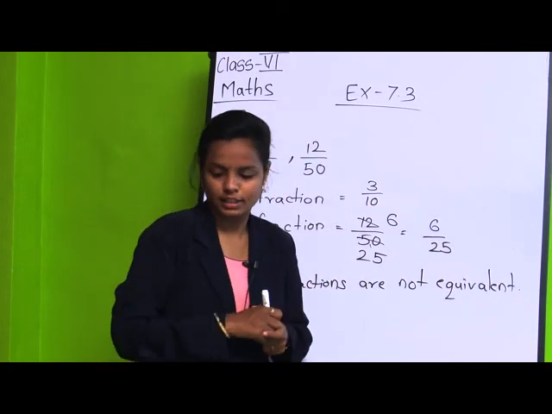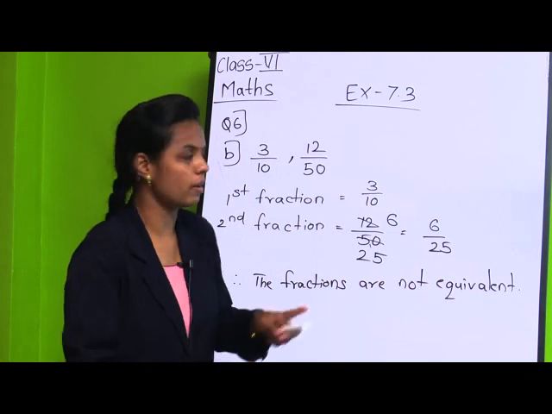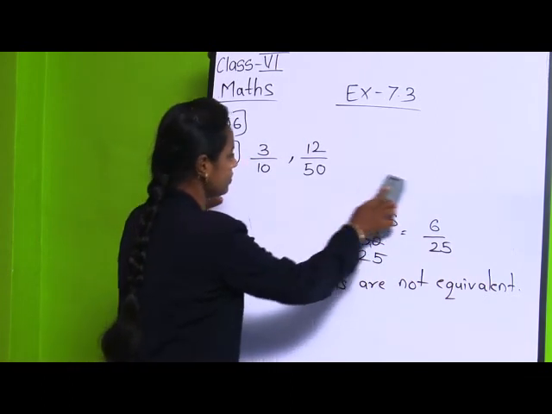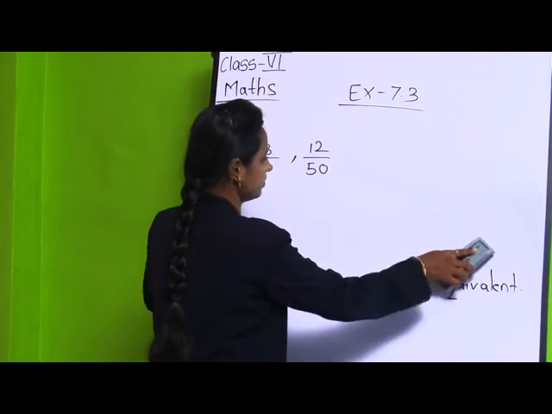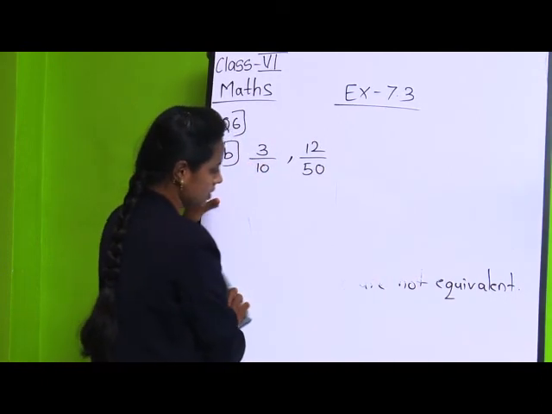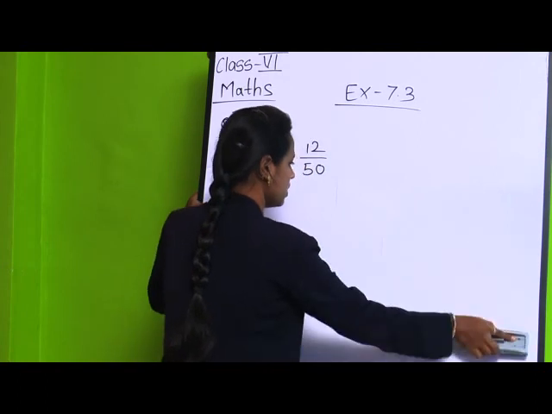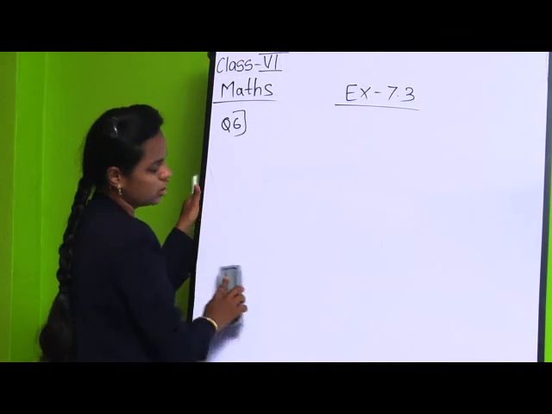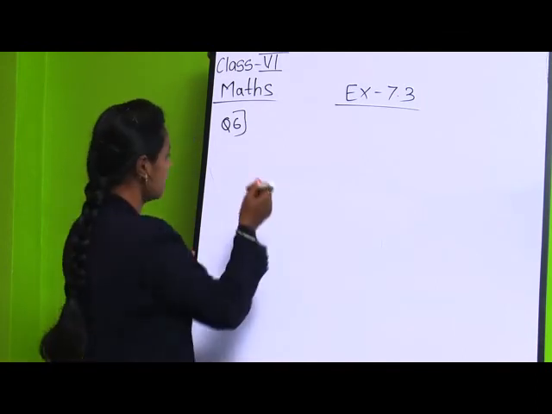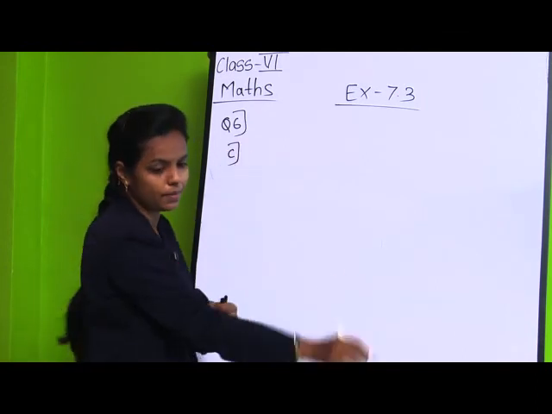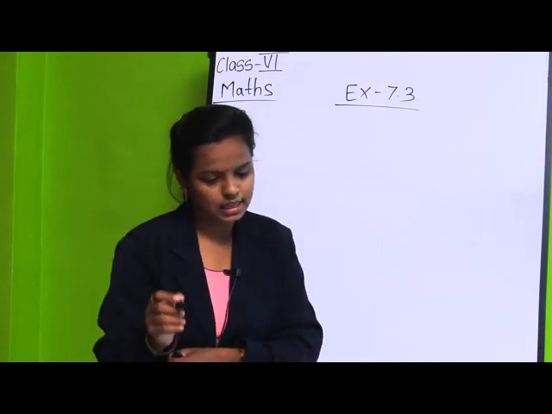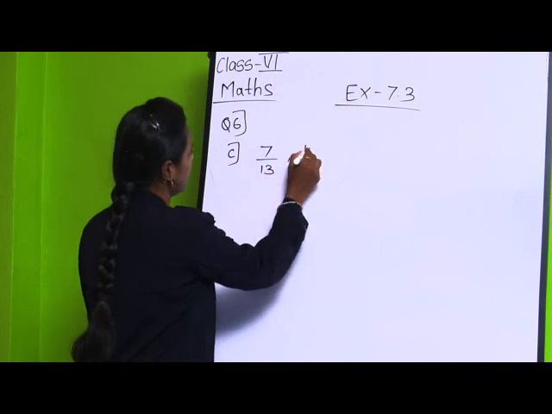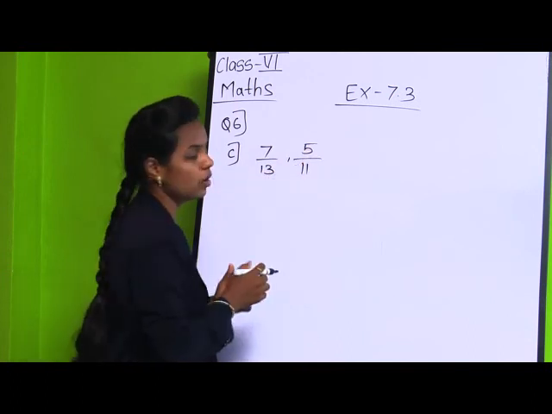Okay students, did you get it? We will solve one more example from the same question number 6. Yeah, it is the third one now. We have C. The question is 7 by 13, 5 by 11. Okay.